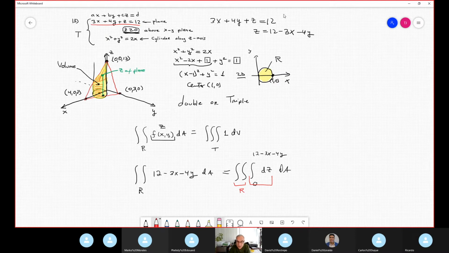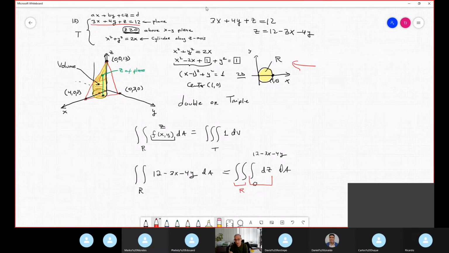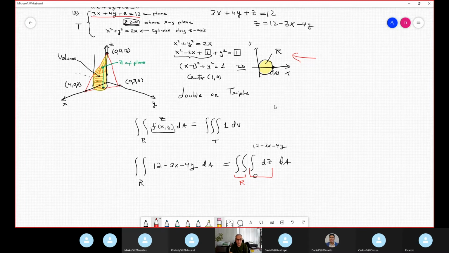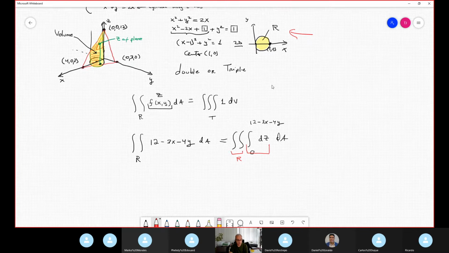Here, we focus on this picture, the region R, double integral. What kind of coordinates do you propose? You propose polar. Gerardo says polar, professor, polar. And the reason is polar because you are dealing with the circle. The circle is super fantastic, polar.